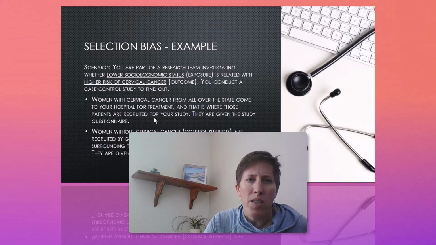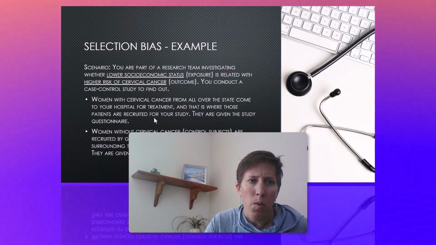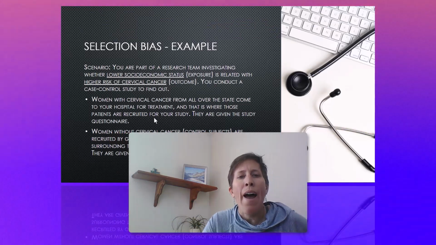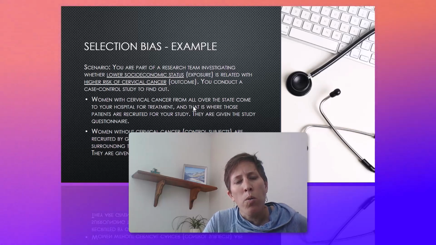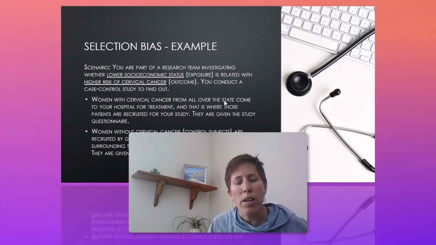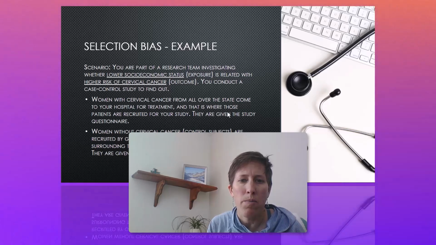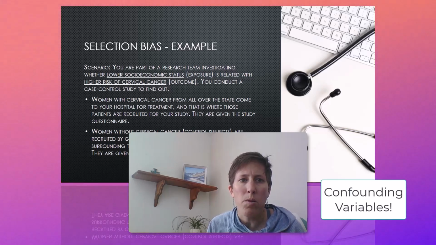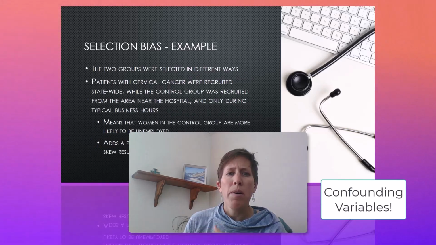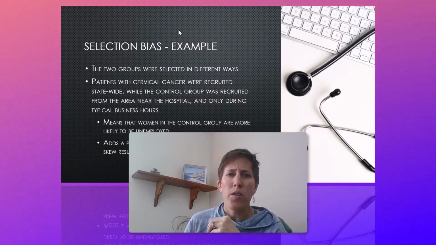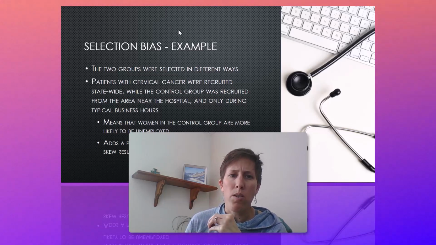So the two groups were selected in completely different ways. That really adds variables to your research that are going to skew your results, or confounding variables. So the demographics for the cervical cancer group are going to be much more diverse. They come from all over the state.